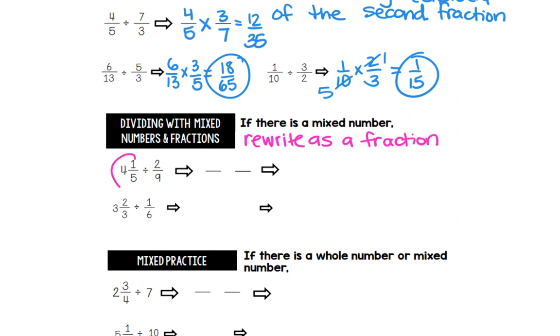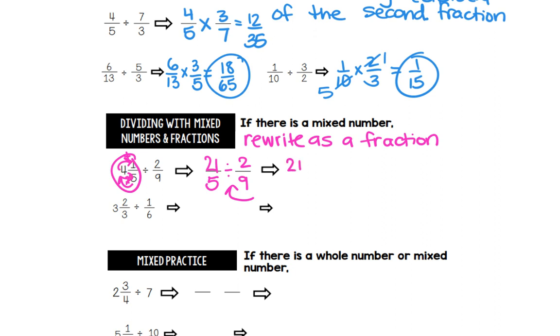So for example, this 4 and 1/5, 4 times 5 is 20, plus 1 is 21 over 5, divided by 2/9. Don't try to rewrite and keep change flip in the same step. That just opens yourself up for error.